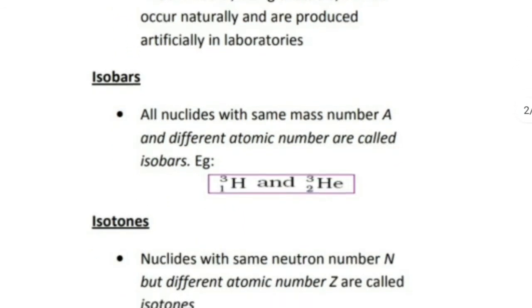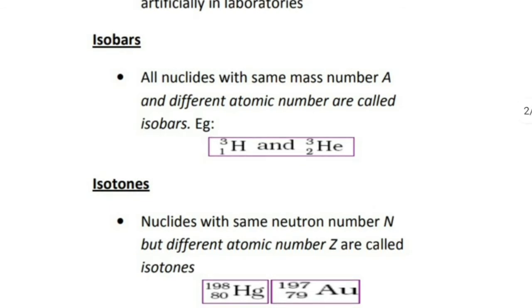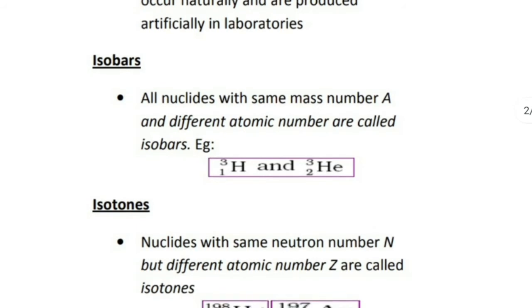Now isobars. Isobars means the nuclides with the same mass number and different atomic number. Atomic number different means the elements are different. Such elements, we call them isobars. See, isotopes means different forms of the same element, because atomic number is the same, only mass number is different.